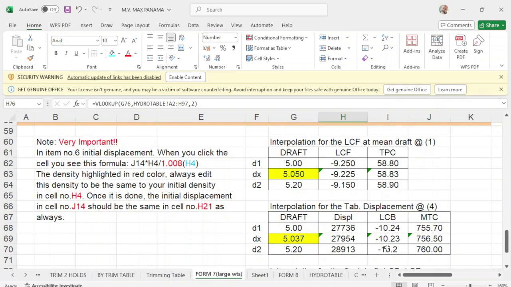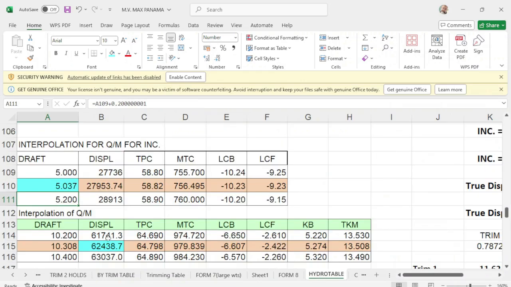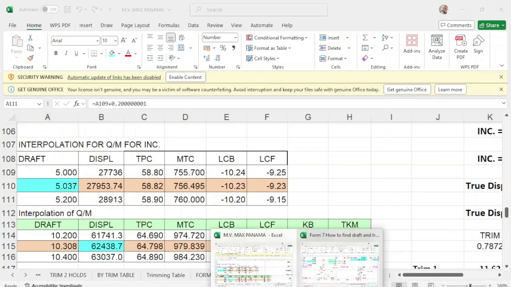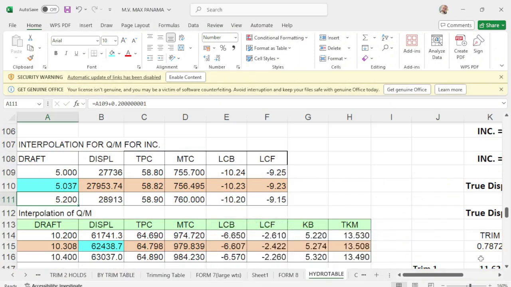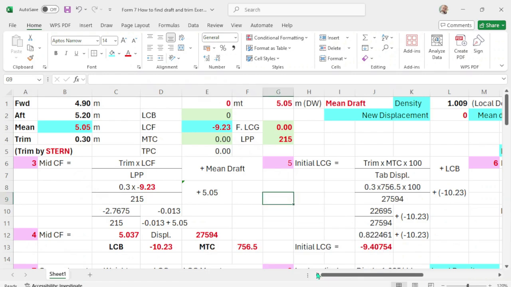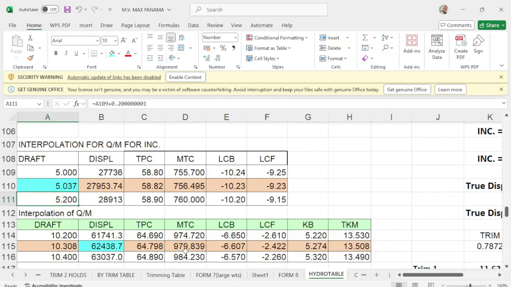That will be LCB is 10.23, and LCB and MTC is 7565.